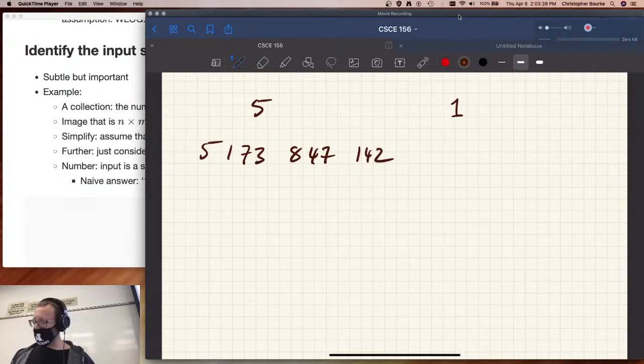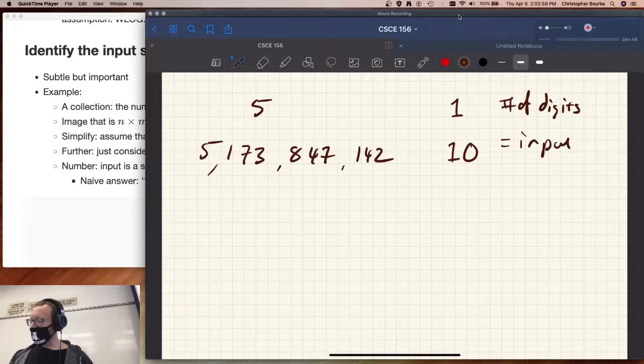I'm not going to count the commas as symbols, though, right? So, 10. In other words, what is one of our intuitive notions about how big each one of these things is? The number of digits is equal to the input size.